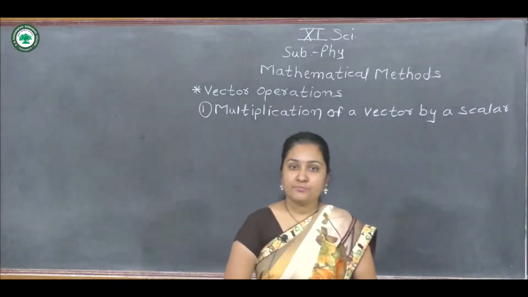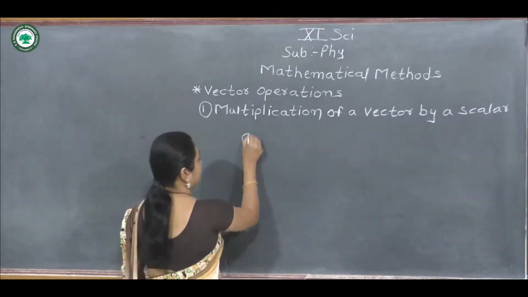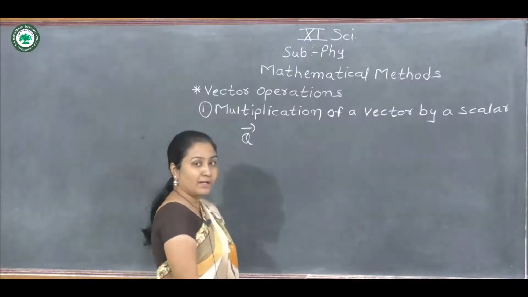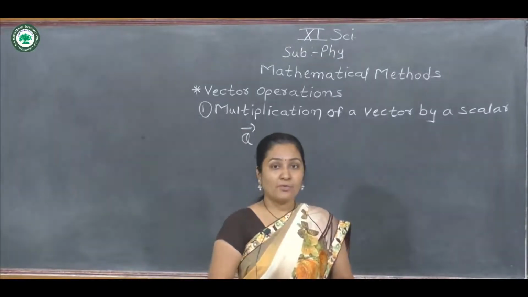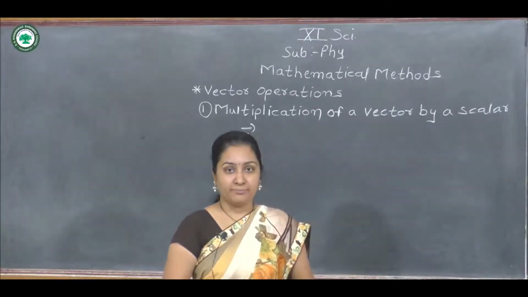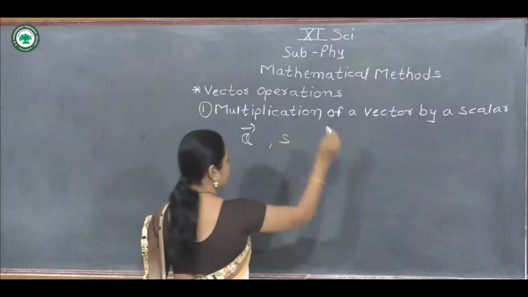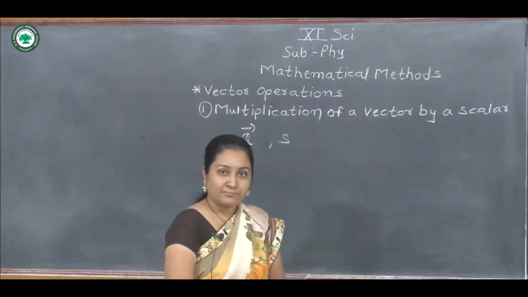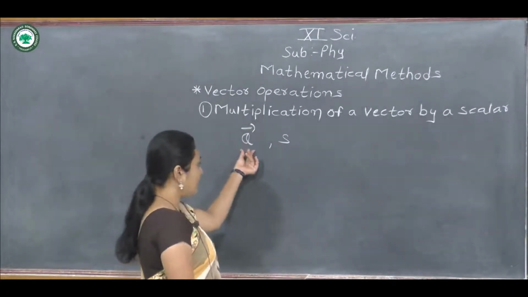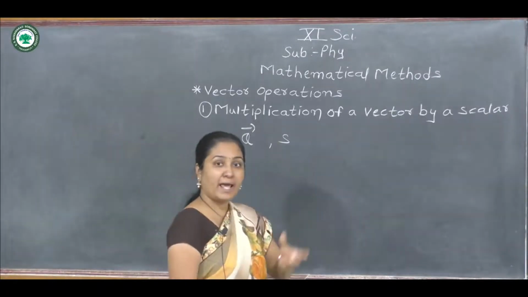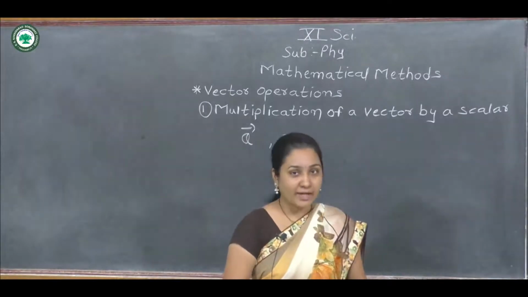So suppose we have one vector, q bar, and we have any scalar quantity. Suppose the scalar quantity is s. If we multiply the vector q bar with the scalar quantity s, then we will have another vector.